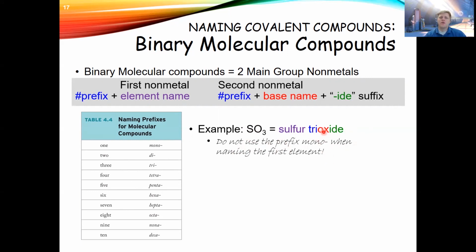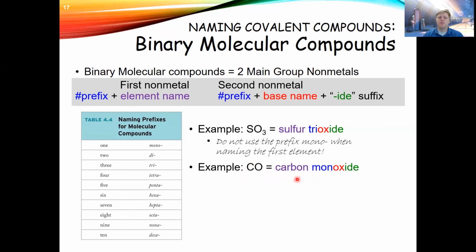And you'll notice that for oxygen here, we didn't put sulfur trioxygen. We changed that oxygen to an ide, so oxide, and we get sulfur trioxide. Now, if the second element does have only 1 atom present, we do add that mono to it. So CO, there is 1 carbon, but we're not going to write monocarbon.